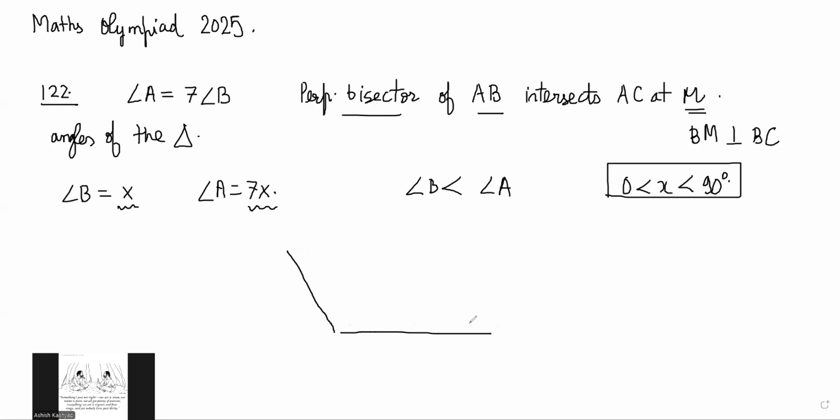So we'll say this is A, this is B, this is C. Perpendicular bisector of AB intersects the side AC at M, and BM is perpendicular to BC.